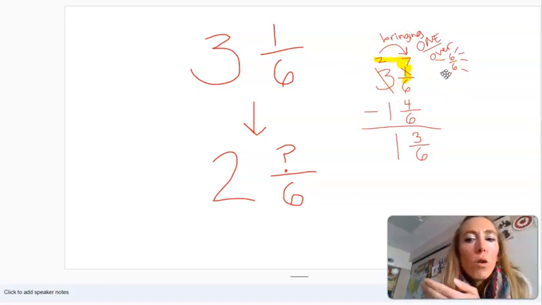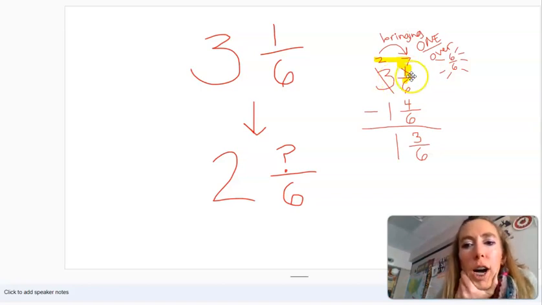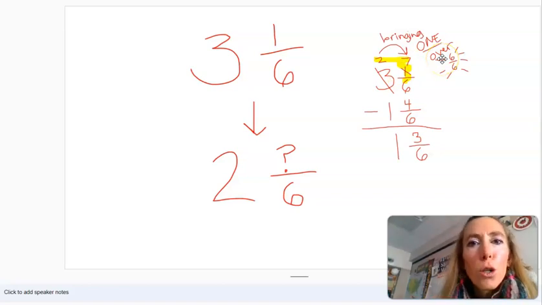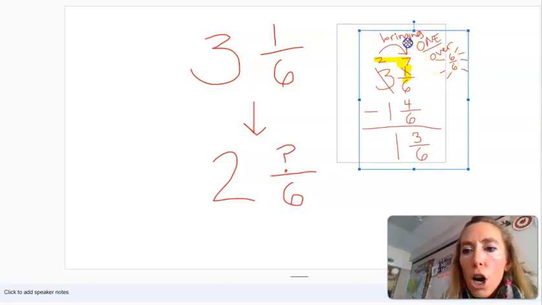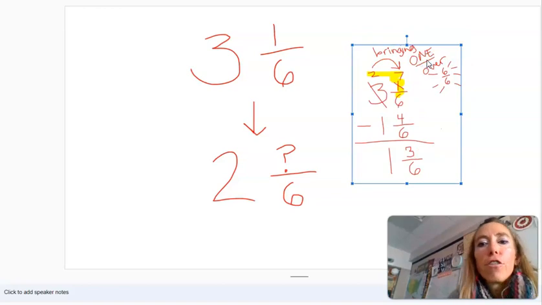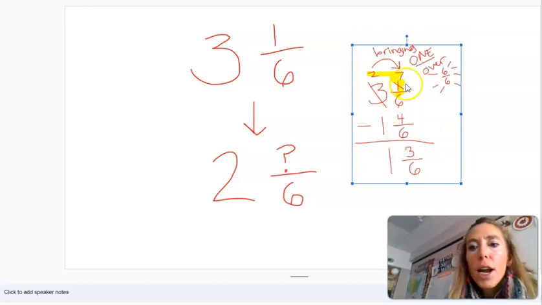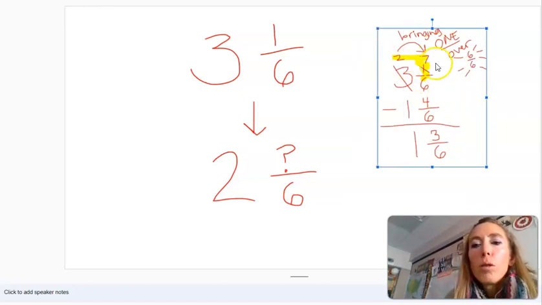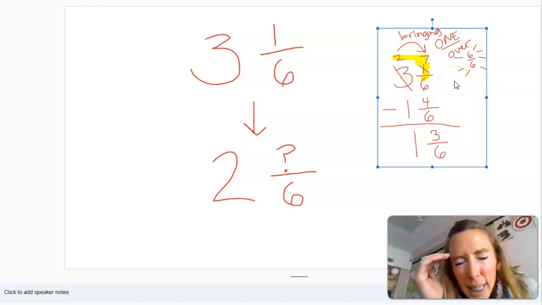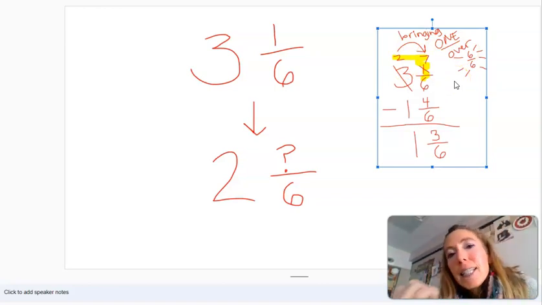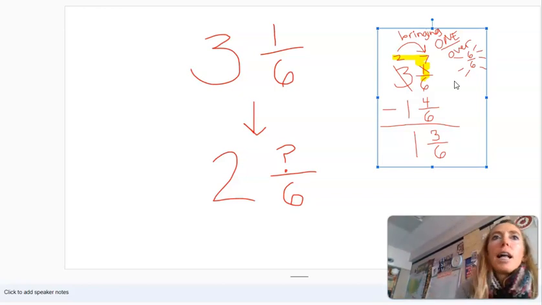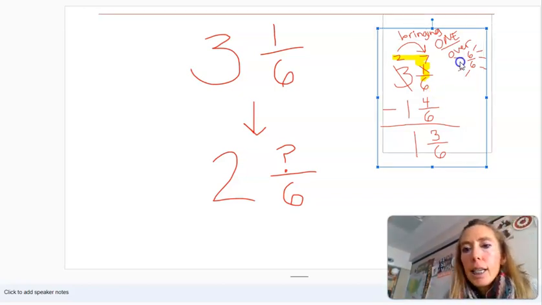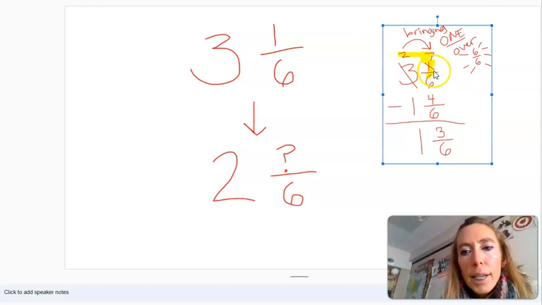I'm bringing 1 over. So why did this 1 change to a 7? Why did it not just change to a 2? Because when you bring 1 over, you have to think in fractions now. And right here, we're working in not tenths, not 20ths, we're working in sixths. So when I bring 1 over, I have to think in sixths. How many sixths is that I'm bringing over? That's 6/6. 6/6 is worth 1.